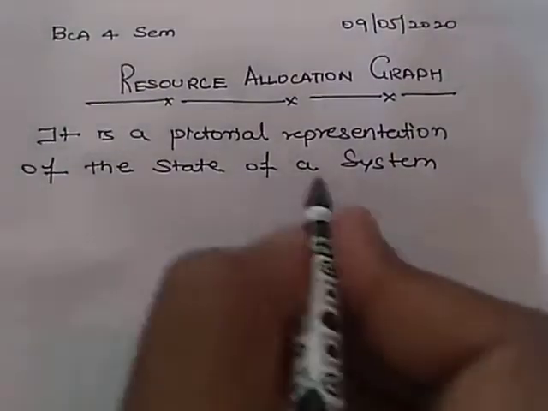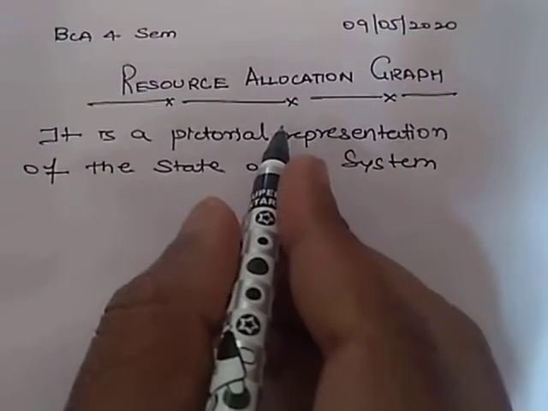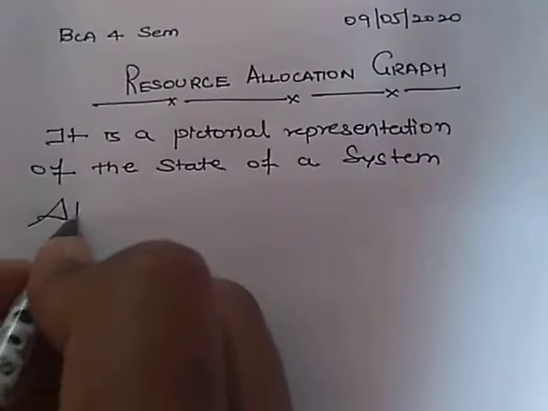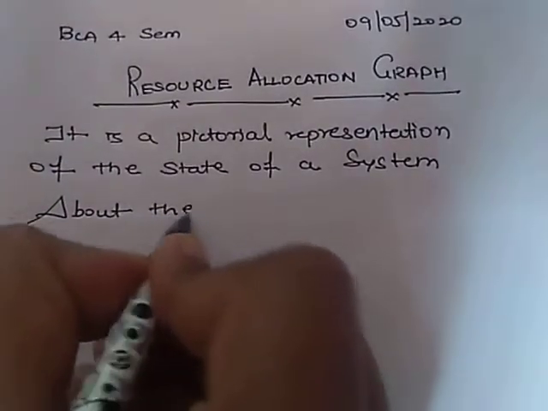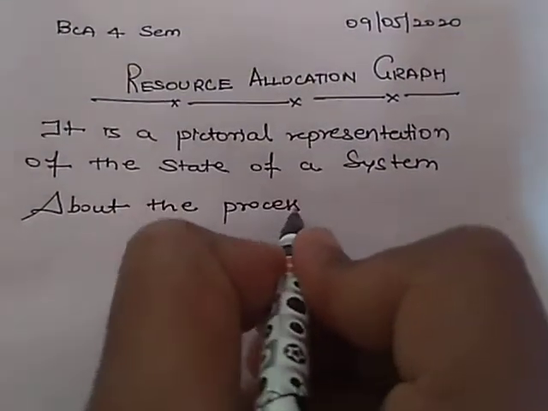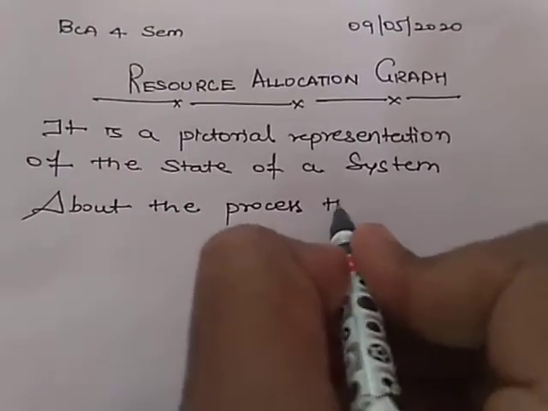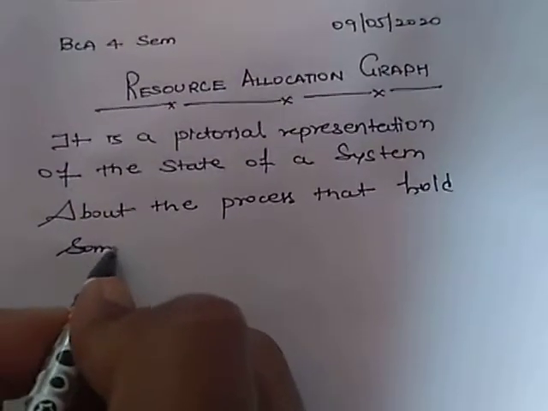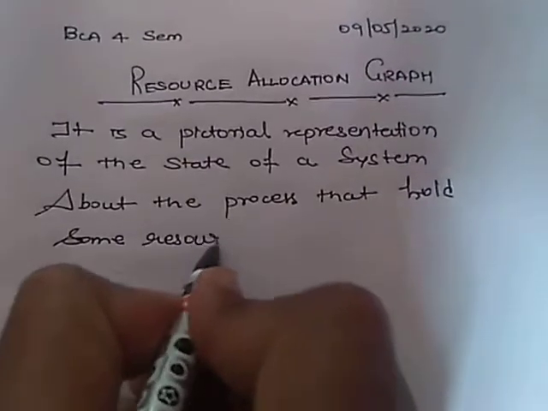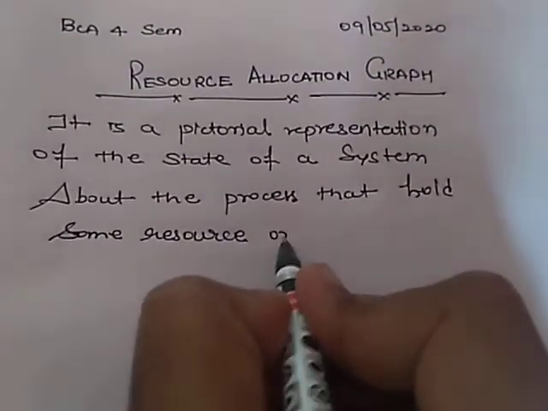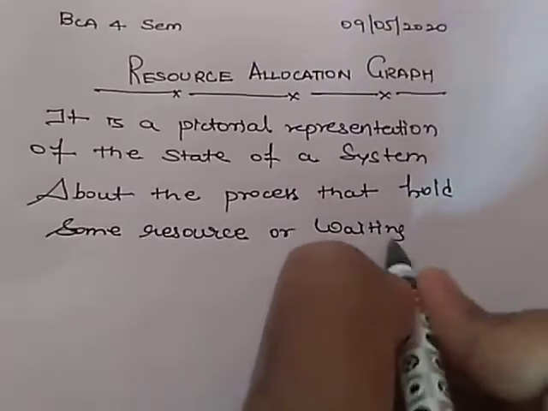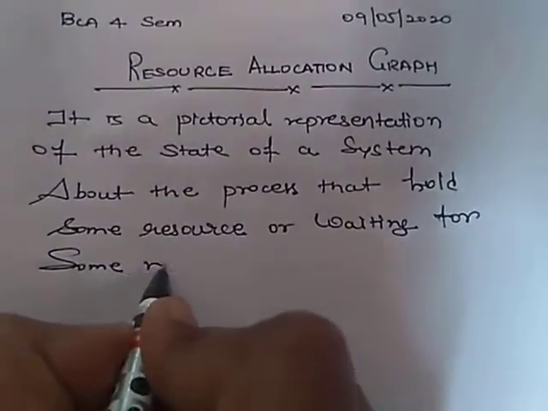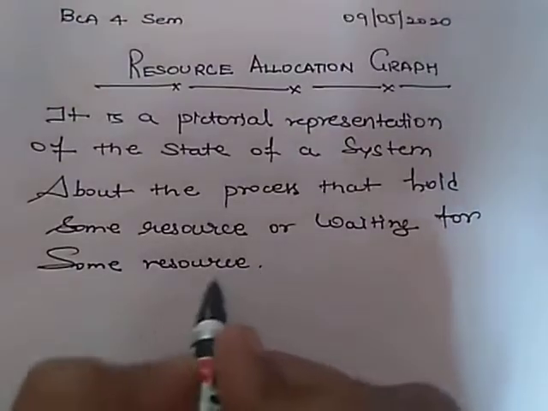Now, as the name suggests, the resource allocation graph is the complete information about the process that hold some resource or waiting for some resource.